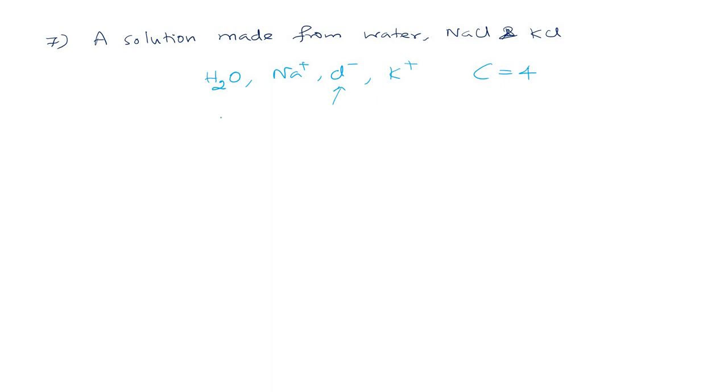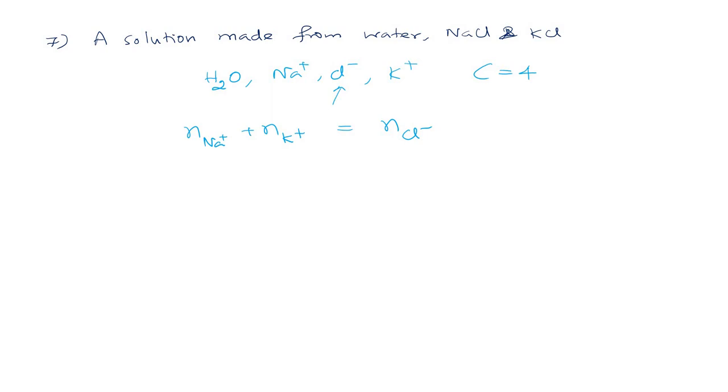And now what I'm going to do, there is no chemical reaction, but electrical neutrality will be there. So for electrical neutrality, number of moles of sodium ion plus number of moles of potassium ion, these are responsible for total positive charge, should be equal to number of moles of chloride ion.